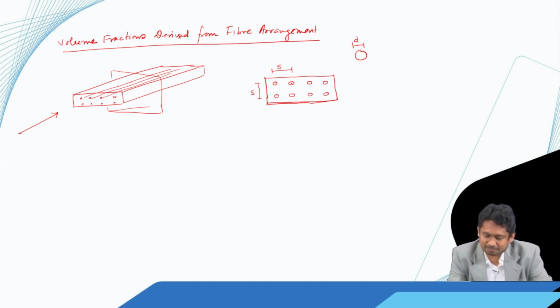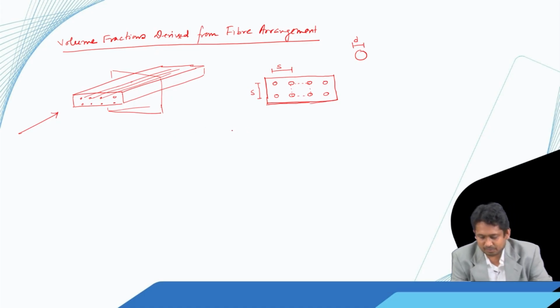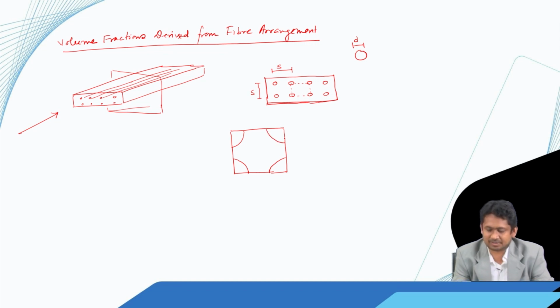Now, if I connect the centers of these closely located fibers, then you can create one unit. And if we separately study one unit, what we see is something like this. So, each unit gets one quarter circle like this, and this dimension is S, this dimension is S, and this is nothing but d by 2, half of the diameter.